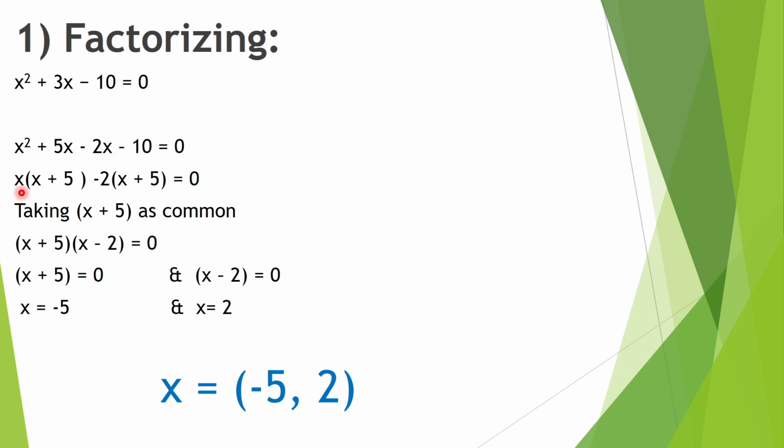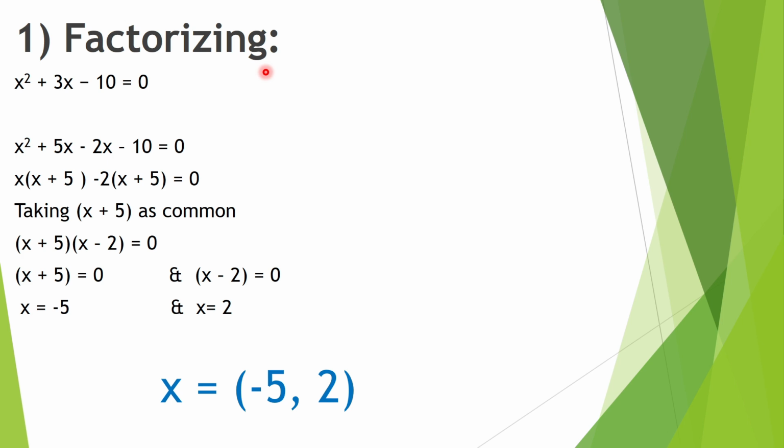The remaining term is x minus 2 equal to 0. Now compare these two factors with 0. So x plus 5 equal to 0 and x minus 2 equal to 0. So x will become minus 5 and x will become 2. So the solution set of this question is x equal to minus 5 and 2. So this is the solution by factorizing.